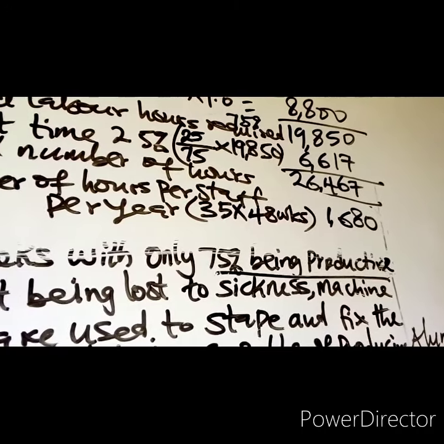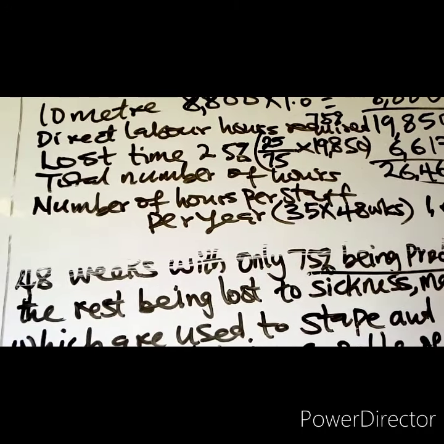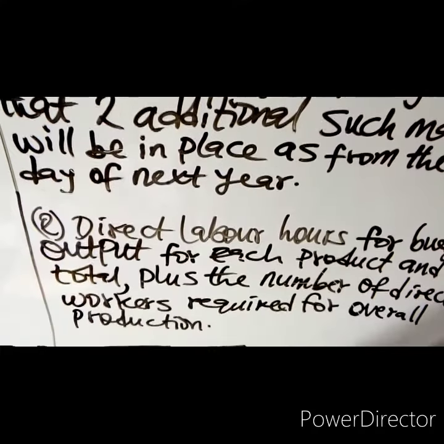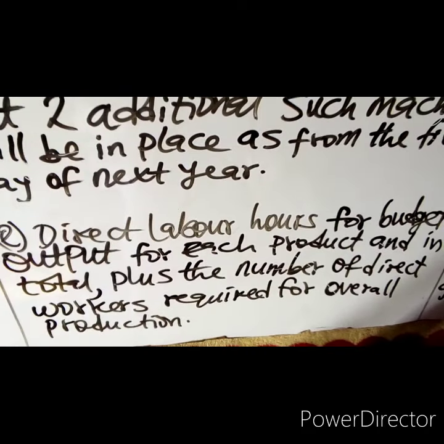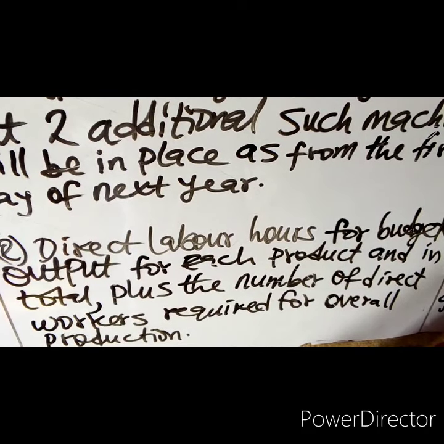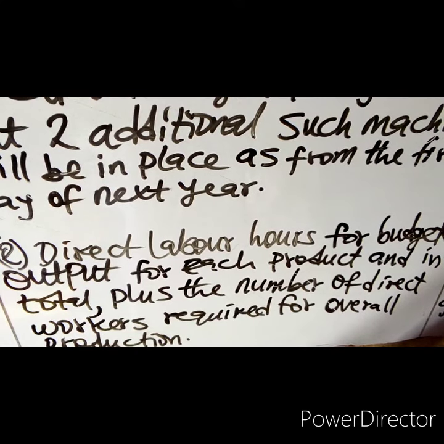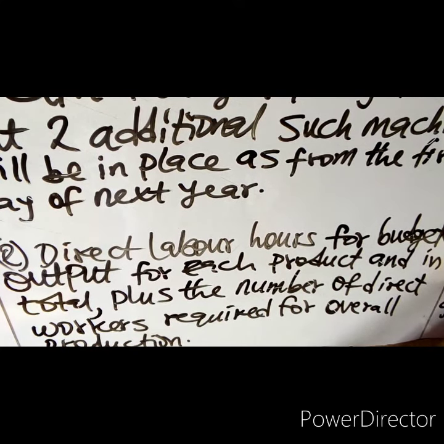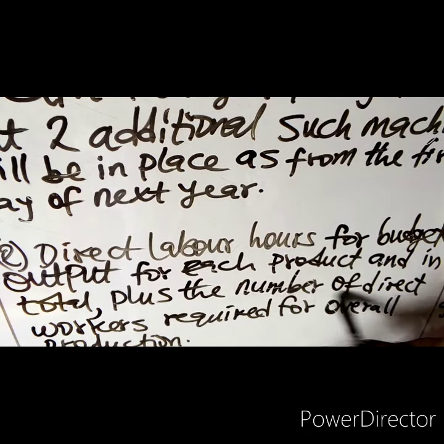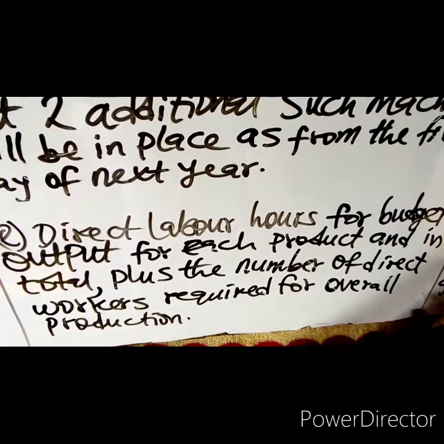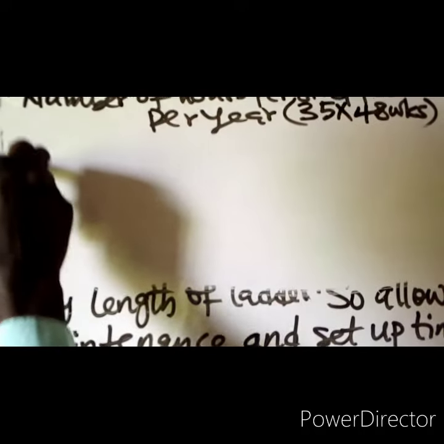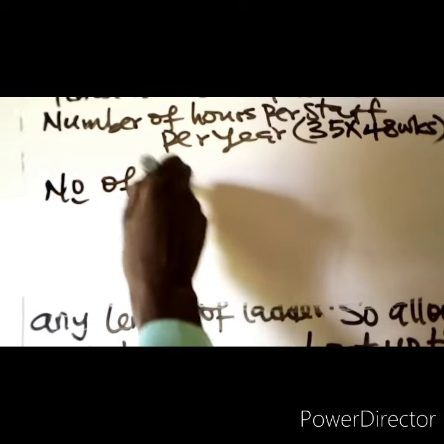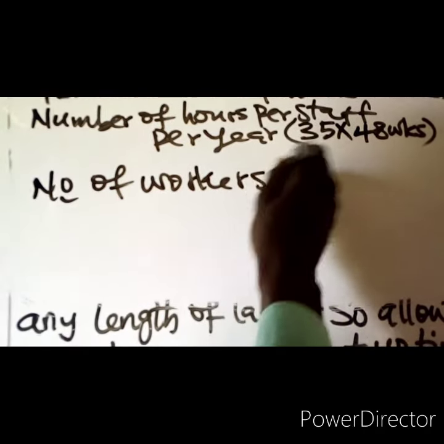If each worker is expected to work for 1,680 hours, go back to the requirement. You are to determine the direct labor hours for budgeted output, and that has been calculated to be 26,467. Then you are equally asked to add the number of direct workers required for overall production. How many staff now? Number of workers required.